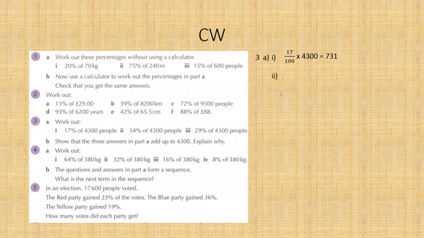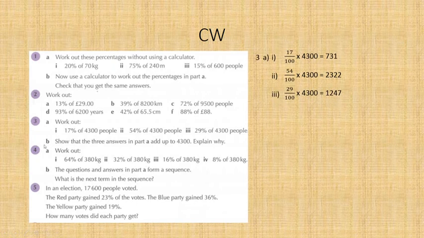And double I, 54% of 4,300, so it's going to be 54 over 100 times 4,300, which is equal to 2,322. And triple I, 29% of 4,300, it's 29 over 100 times 4,300, it's going to be 1,247.